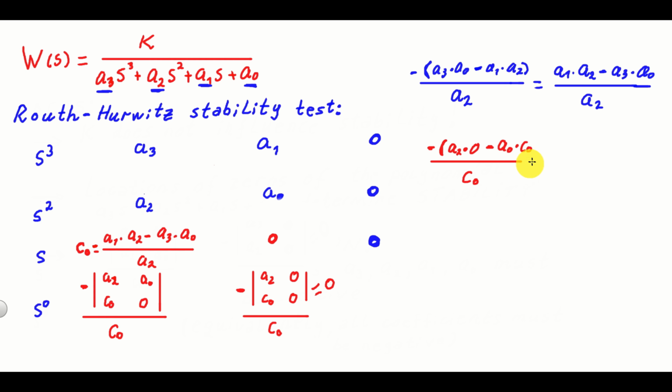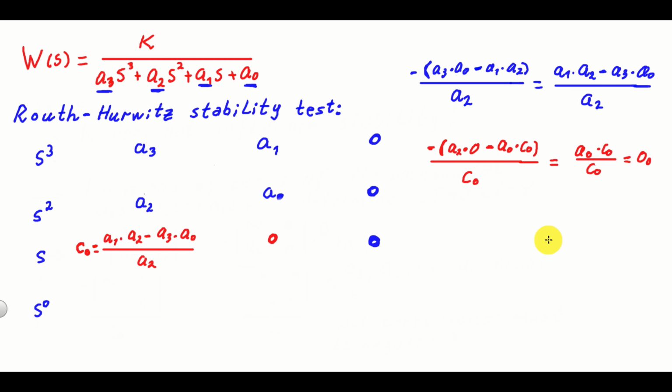Okay, good. So this part is 0, so we have simply A0 multiplying C0 divided by C0. C0 and C0 can be cancelled, so I have A0. And that's it. Over here, I erase the determinant for clarity, and in this row, we need to write A0, and we need to write 0 over here and 0 over here.